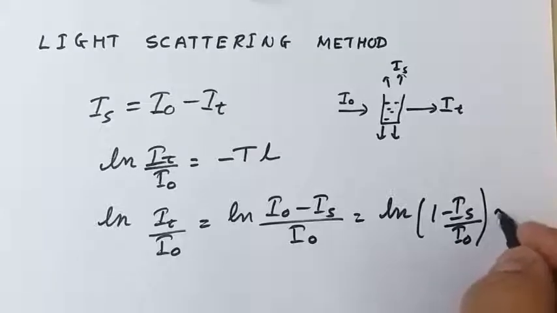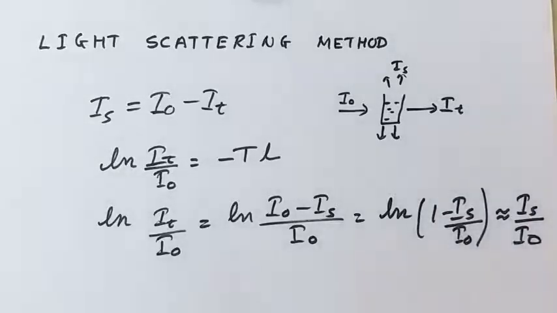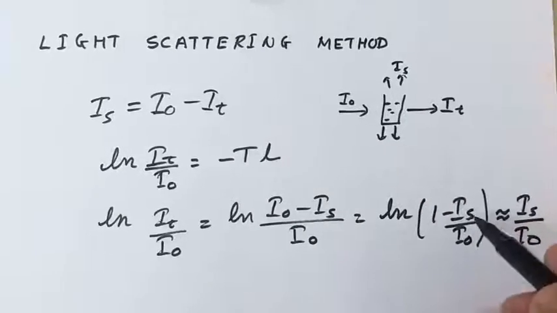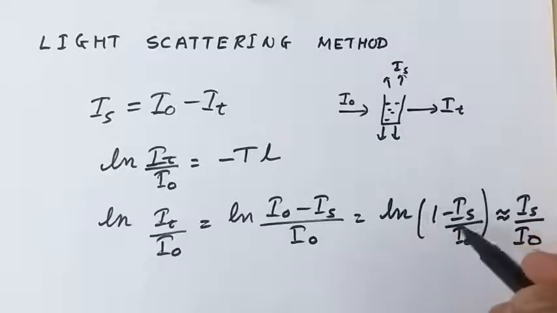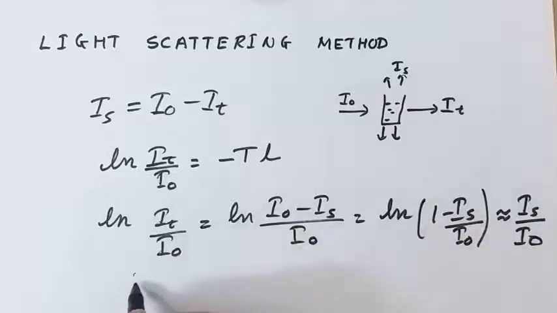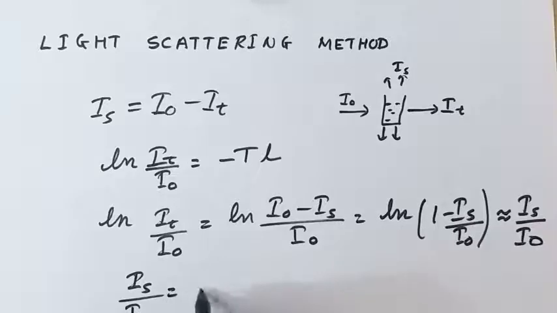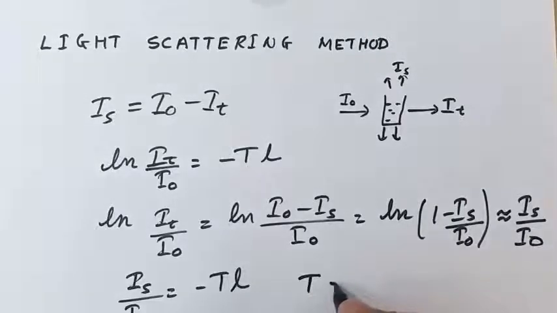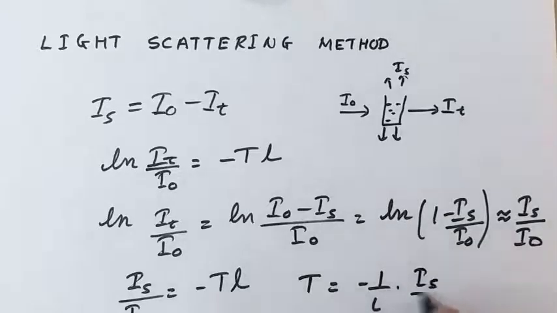This is almost equivalent to minus Is upon I0, because the ratio Is upon I0 will be a small value. Now substituting this, Is upon I0 is equal to T into L, or rearranging, the turbidity T is equal to 1 by L into Is upon I0.